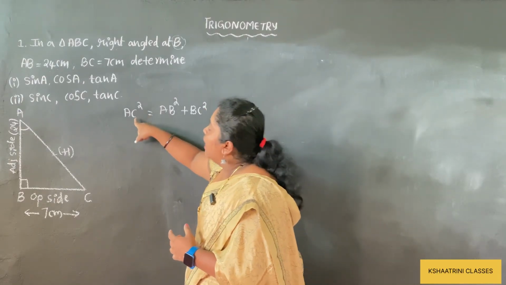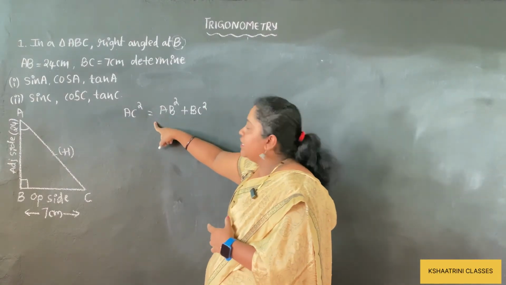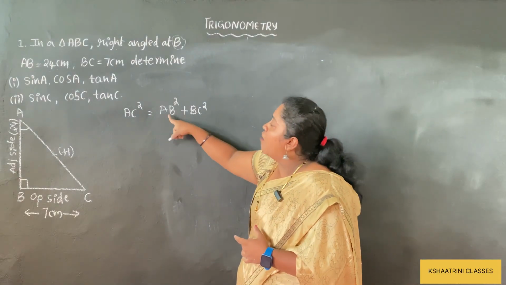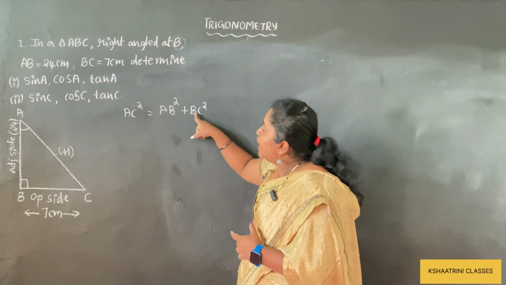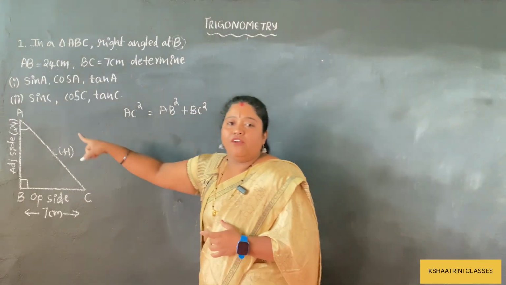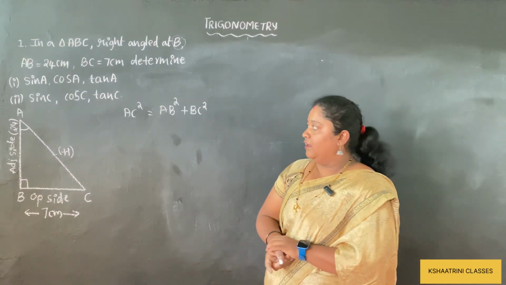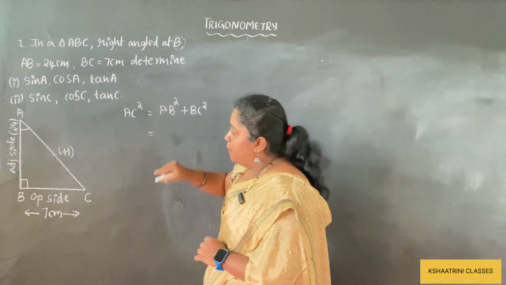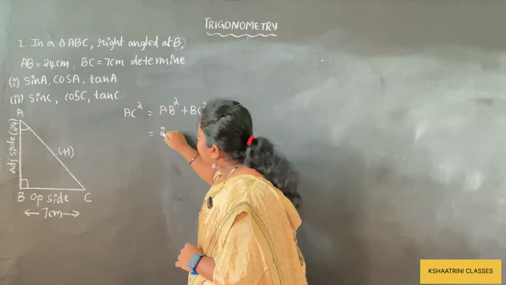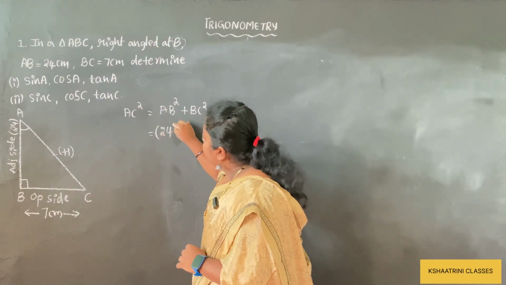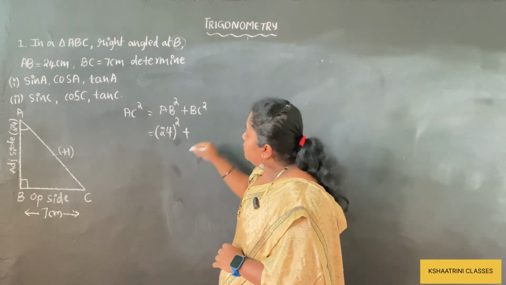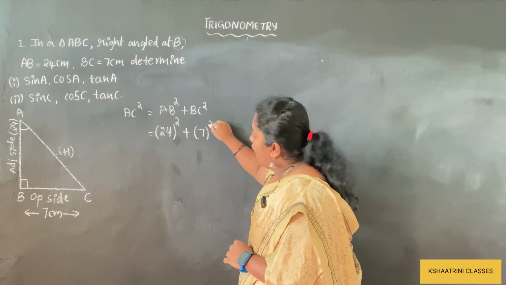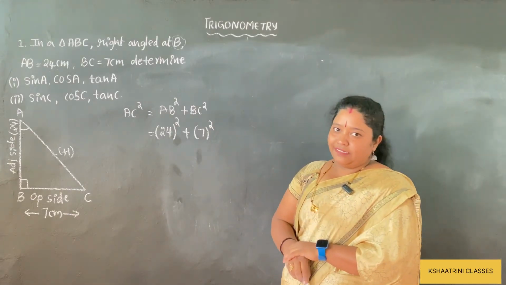Means what, dear? The hypotenuse square is equal to the sum of squares of the other two sides in a right angled triangle. Fine. Let me take AB here. What is AB? That is 24. See here, 24 square, and BC is how much? 7 square. 24 square plus 7 square.